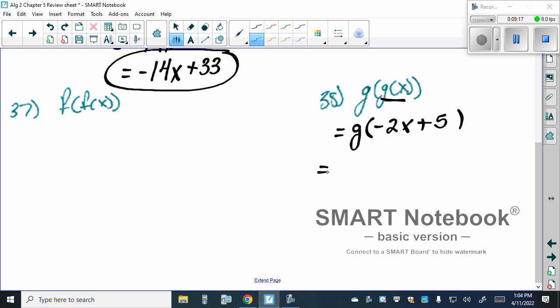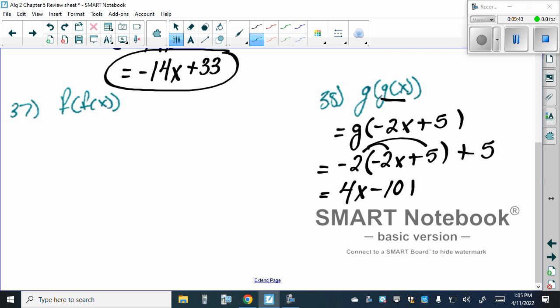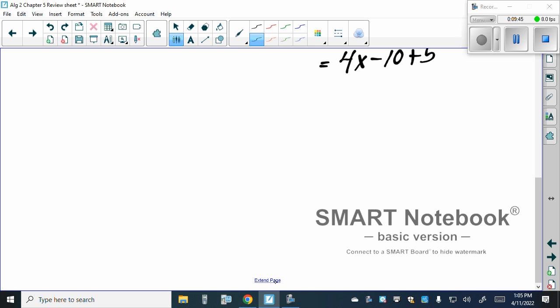So instead of starting off with 7, we're going to start off with negative 2 times our negative 2x plus 5, because this time we're plugging the negative 2x plus 5 into g of x, not f of x. So it would give us 4x. Negative 2 times 5 is negative 10, plus 5, which will tell us that we have 4x minus 5.